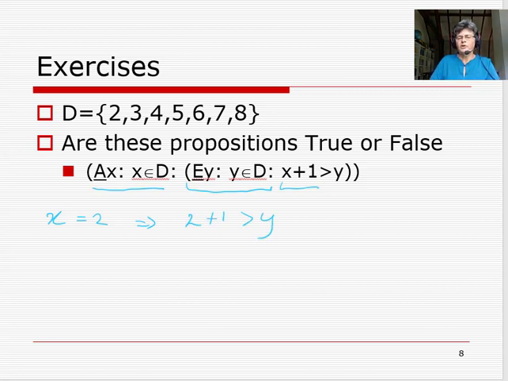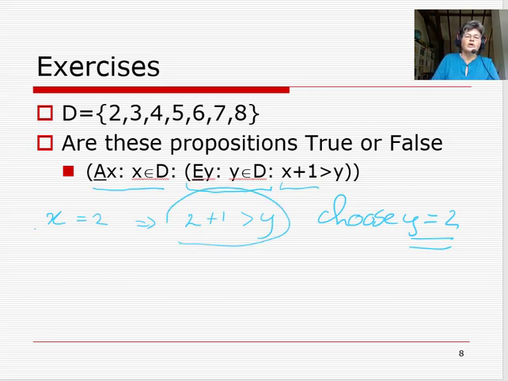Okay, and hopefully you already see that if we choose y being the smallest one, it will always work, because if x is 2, 3 is larger than 2. If x is 3, 4 is larger than 2. And so by finding a nice example of y, we have proven that this one is true.